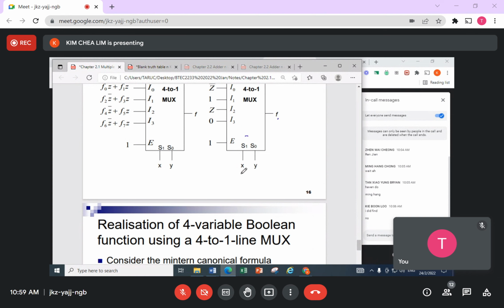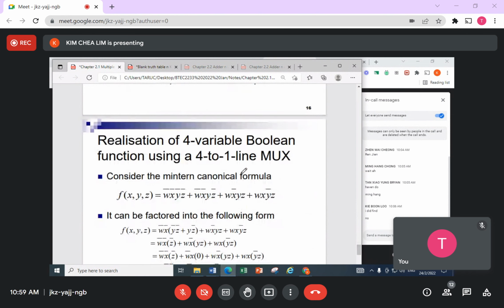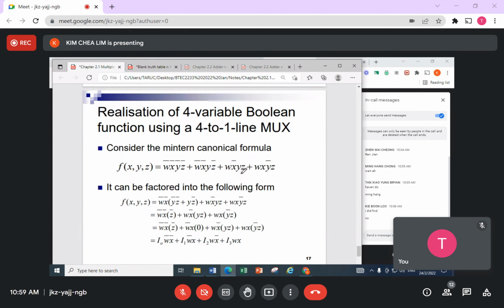All right, so next, we look at another example. Here we are trying to have a selector, it's a 4 variable. My truth table is a 4 input. It's a 4 variable Boolean function. And now, instead of using 16-to-1 or 8-to-1, I want to use a 4-to-1 line multiplexer.